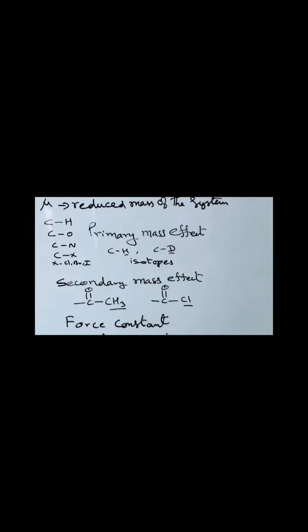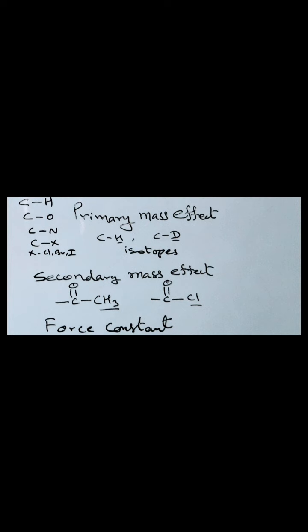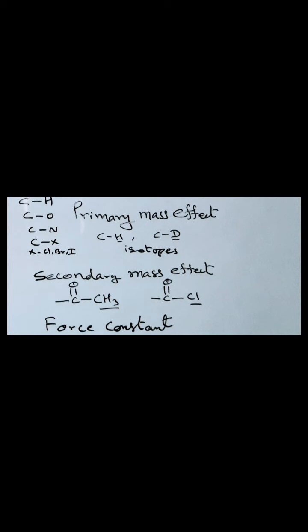Mu is the reduced mass of the system. I have given you various chemical bonds: carbon-hydrogen, carbon-oxygen, carbon-nitrogen, carbon-halogens. Carbon, hydrogen, oxygen, nitrogen, so the atomic mass varies.